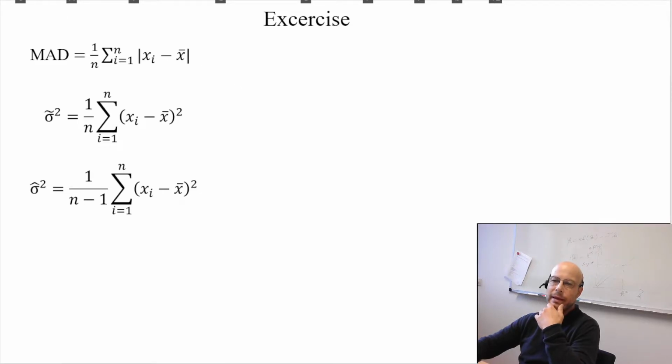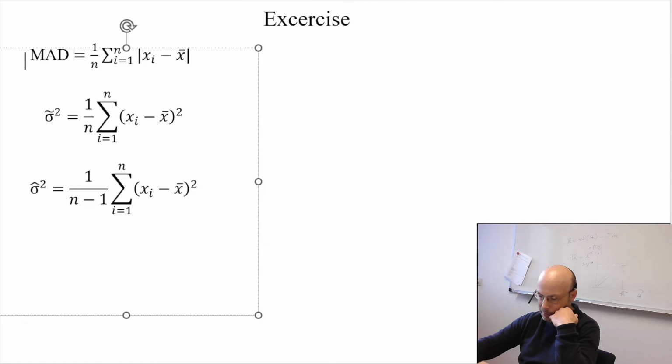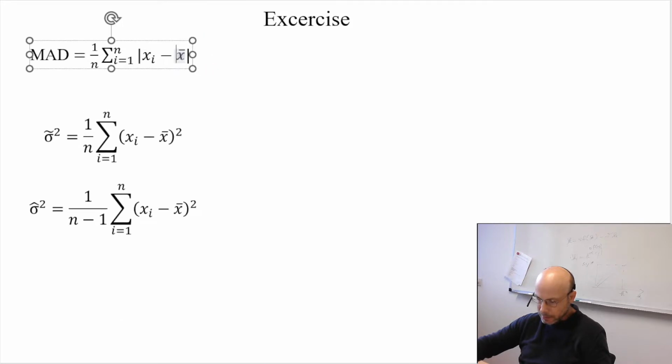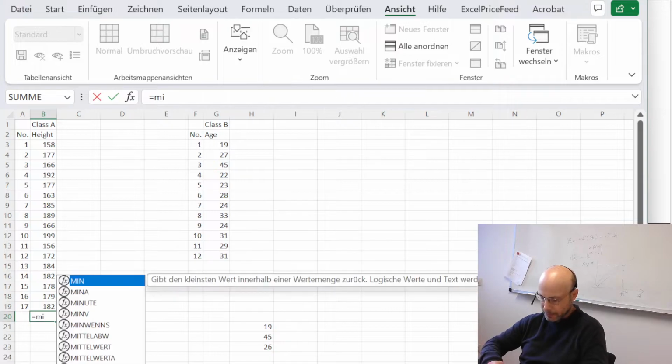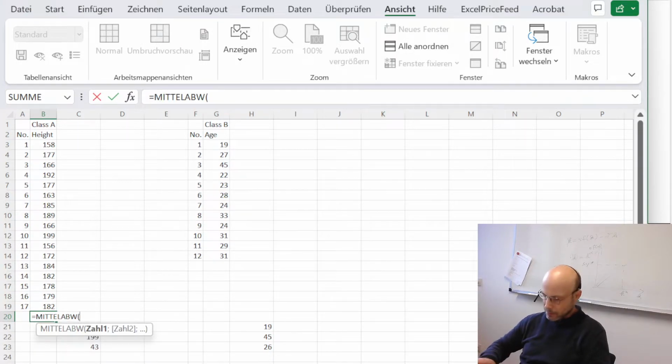We take the absolute deviation of every number with respect to our, is it working? Yeah. Oh, this is the wrong one. So this one. So with respect to our arithmetic mean. So at first, of course, we need again our arithmetic mean.